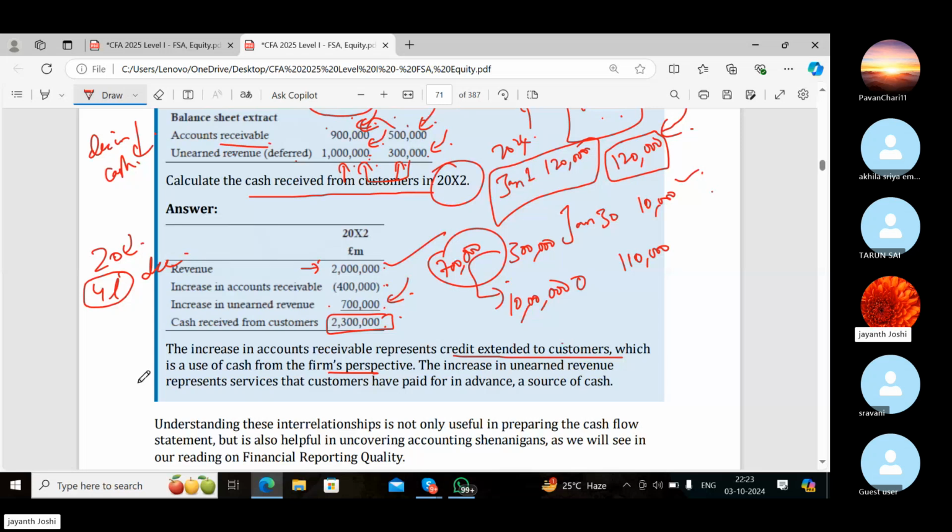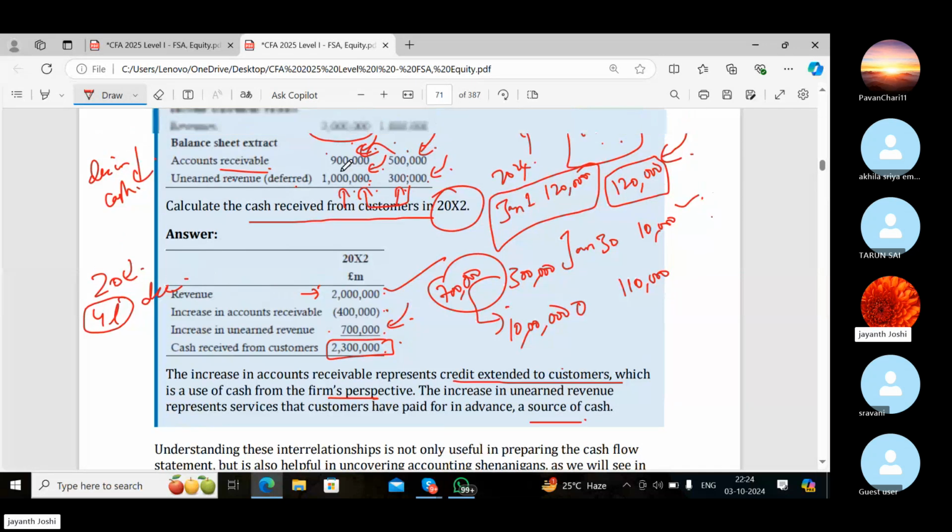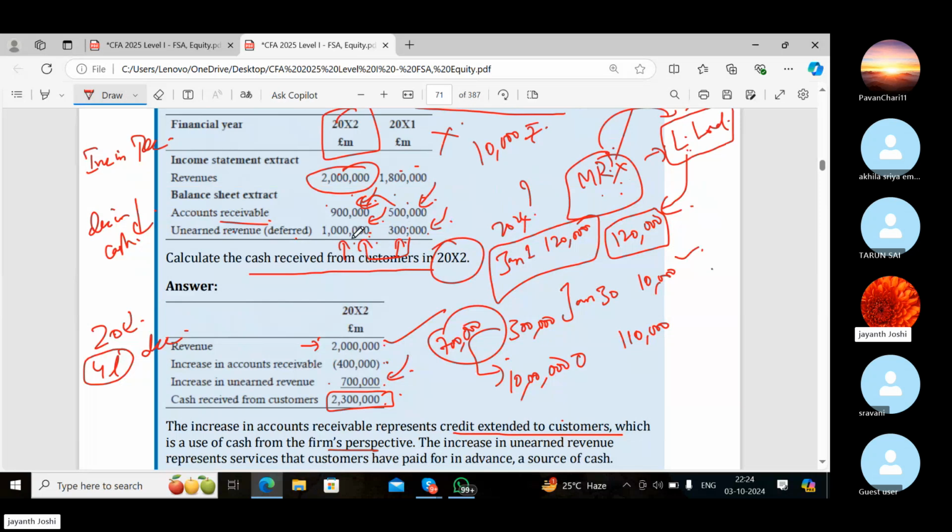Use of cash means increase in account receivable. That means you are giving goods to them, right? And increase in earned revenue represents services the customers have paid for in advance, a source of cash. They paid this much in advance, now they are paying this much in advance. They are paying 7 lakhs more, right, in advance. So it is an increase in cash.